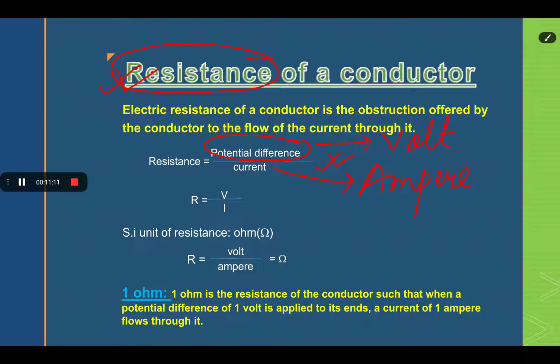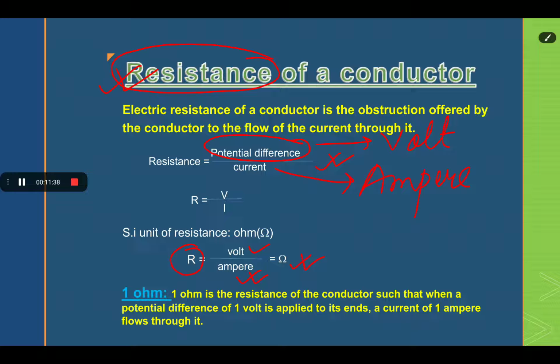So, the SI unit for resistance becomes volt per ampere, as it was first discovered by Ohm. That's why in honor of him, the SI unit for resistance is also ohm. So, this is the relation between ohm, volt and ampere. The SI unit of resistance is ohm, and it is also volt per ampere.